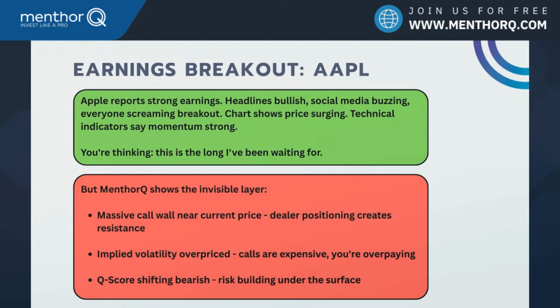And the Q score is shifting bearish, which means the risk is building under the surface, right? So everything looks great on the outside, but the flows are telling you that this breakout could be fragile. So instead of buying the hype, you adjust: maybe you size down, maybe you use a spread, or you just wait and confirm that we're actually breaking through that call wall.